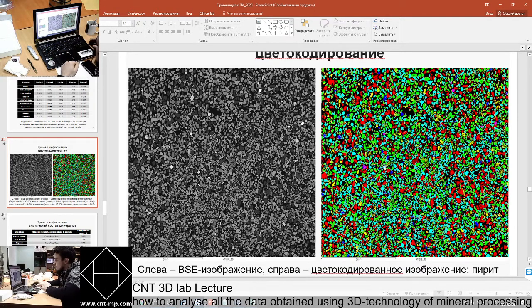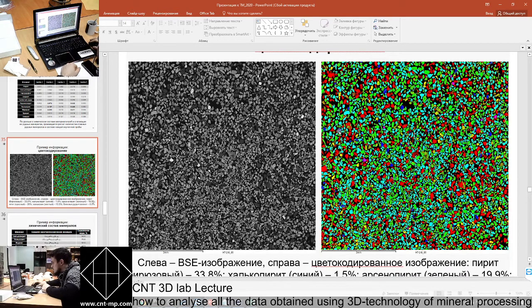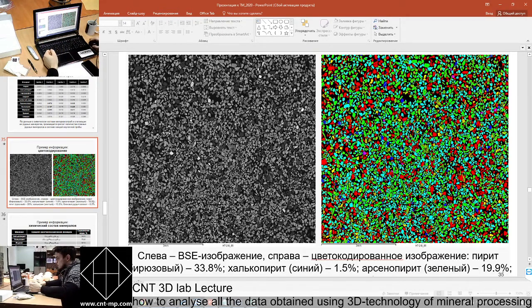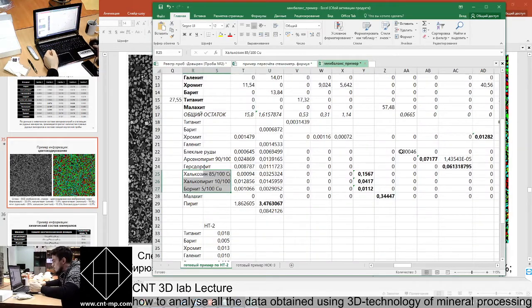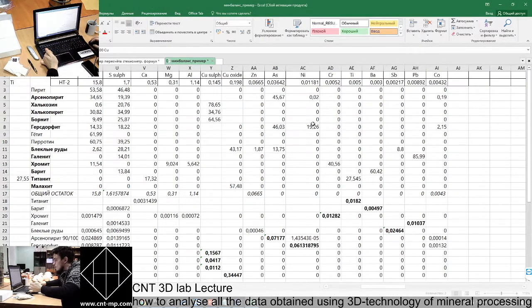So for example, we see the red, blue, I don't know how to name that color. At this particular photo, we can see 5 phases and measure their content in a histogram, and use that information in accounting of mineral balances.